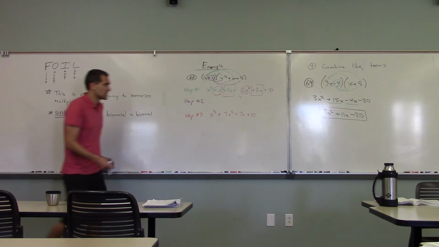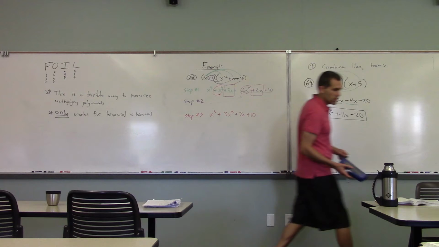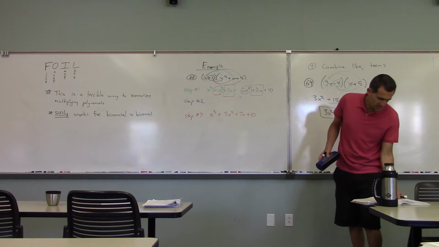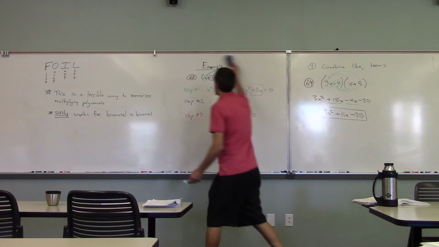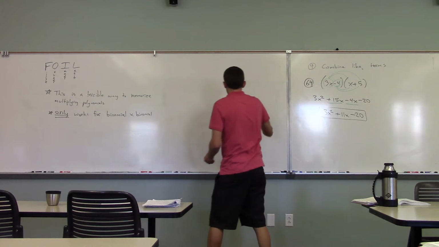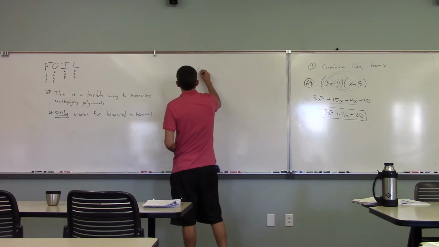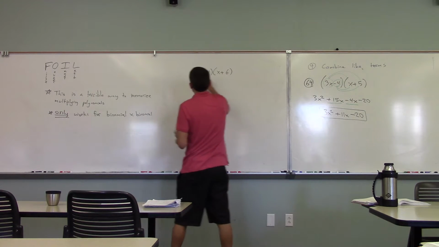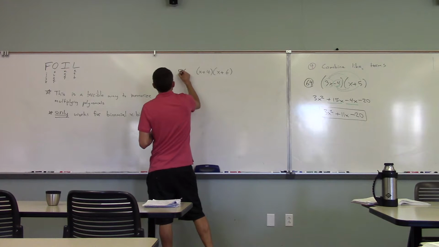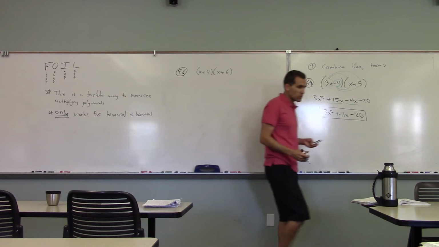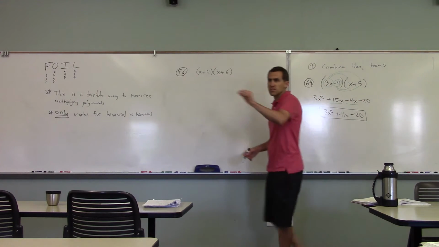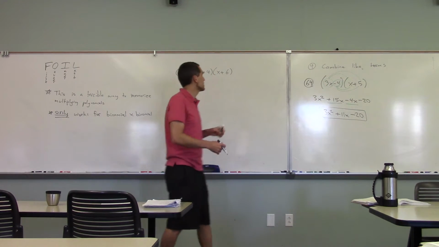Just to do a quick example like that, we could FOIL a problem like 56. So x plus 4, x plus 6. So we could FOIL this. I always think learning one big general step or general process is way better than learning a bunch of small, detailed, memorized ways.